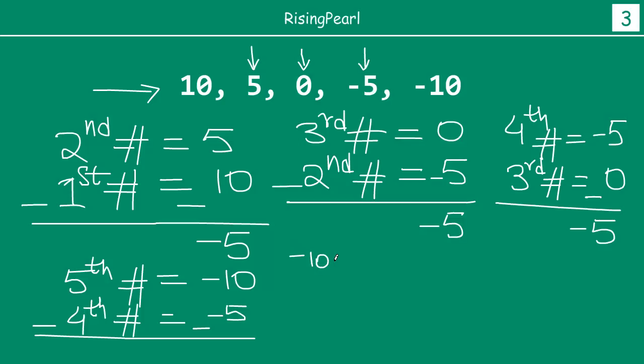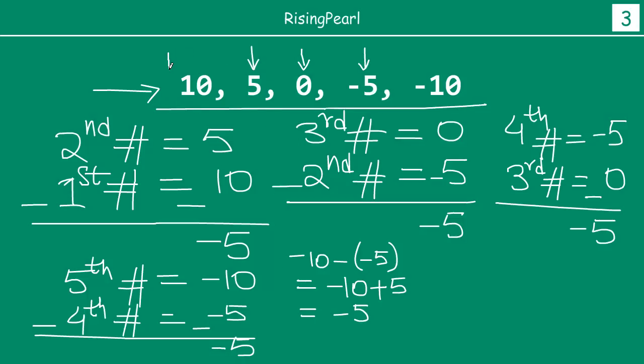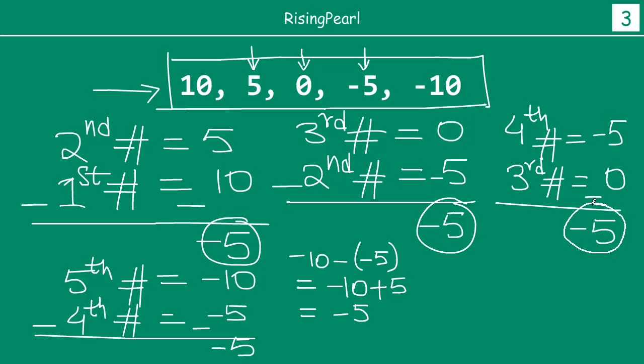Minus 10 minus minus 5 is minus 10 plus 5, which is equal to minus 5. So this is again minus 5. Interestingly, for this series of numbers, whenever we take any number starting from the second number onward and subtract the previous number from it, we always get minus 5.